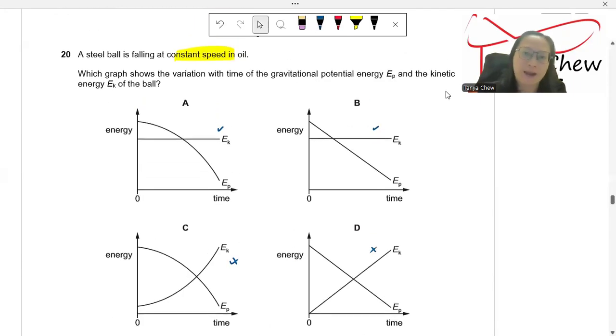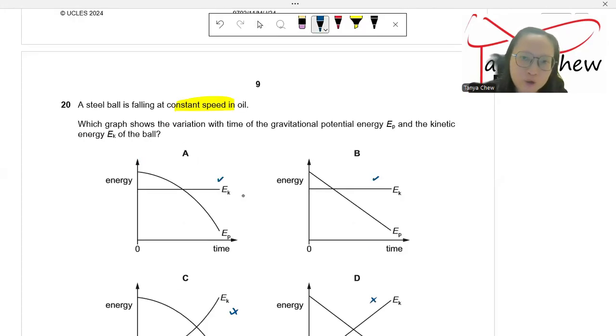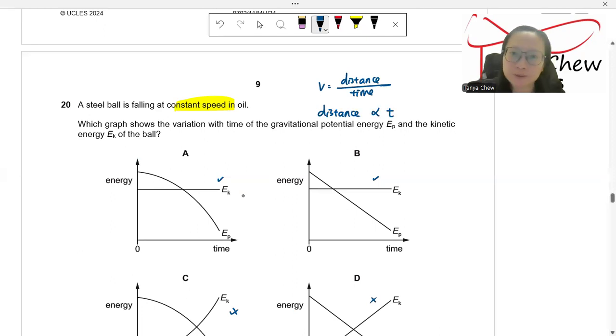Now, between A and B, since the kinetic energy is constant, the speed is constant, so I can use speed is equal to distance over time. Speed is constant, so distance is directly proportional to time. Potential energy depends on mgh.